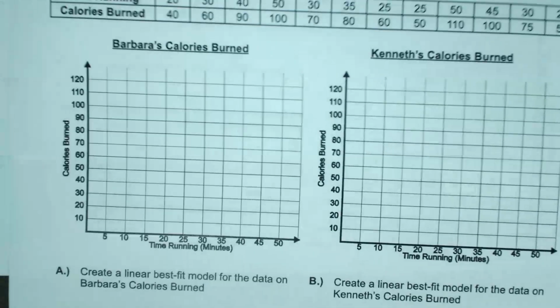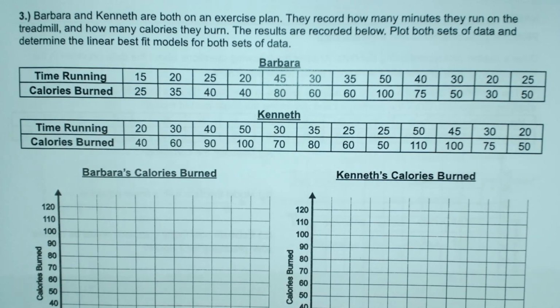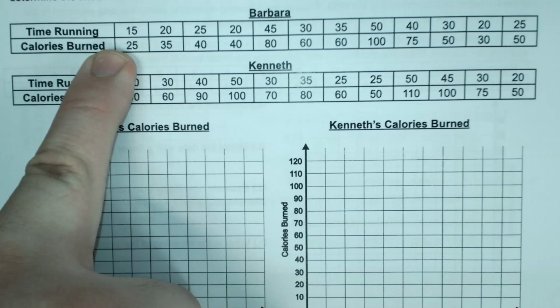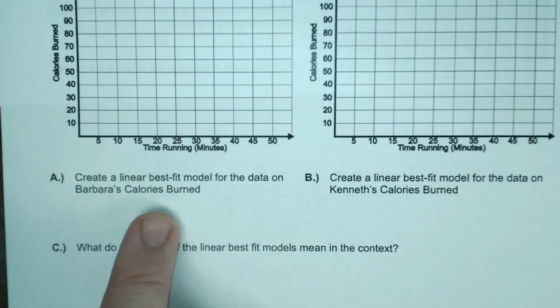On the back, you've got 2 sets of data that are comparing Barbara and Kenneth, who are on some exercise plans. It's comparing how long they ran on a treadmill to how many calories they burned. Guys, I'd really recommend working with a partner so that one of you can type in this data for Barbara, get your scatter plot, and write your y equals whatever model here.